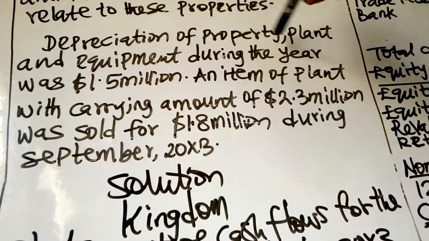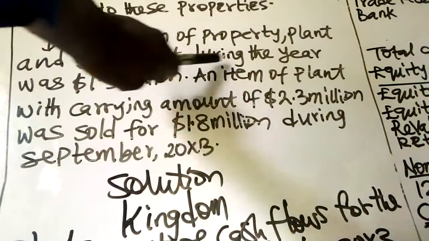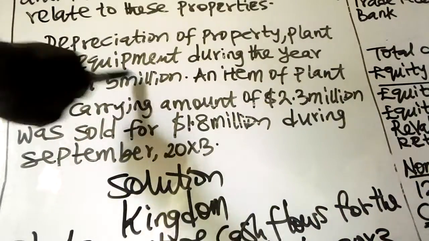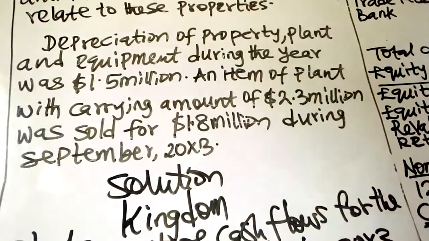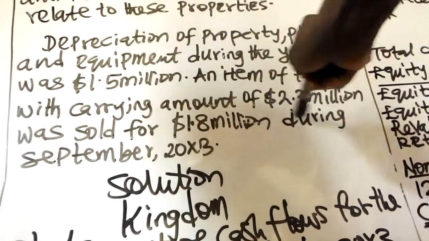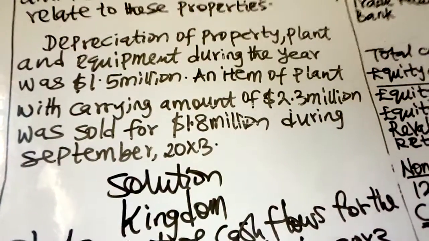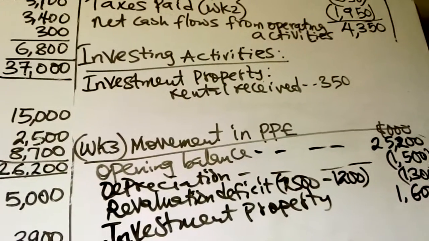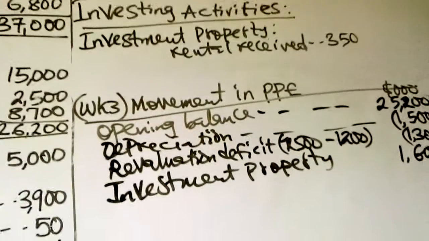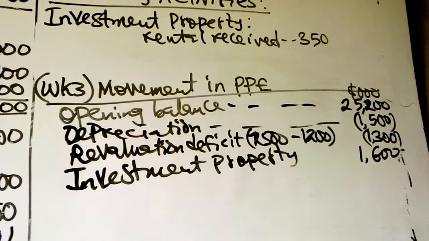You are given that depreciation of property, plant and equipment during the year was 1.5 million. An item of plant with carrying amount of 2.3 million was sold for 1.8 million. So the carrying amount of the PPE sold, you have to remove it.